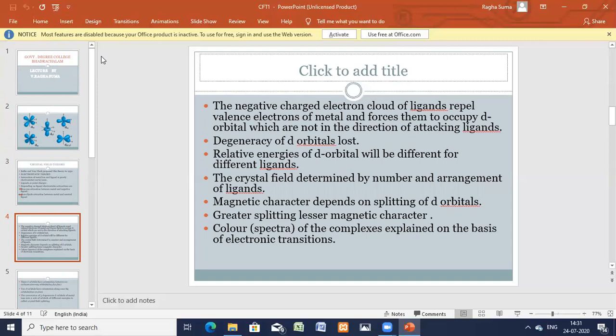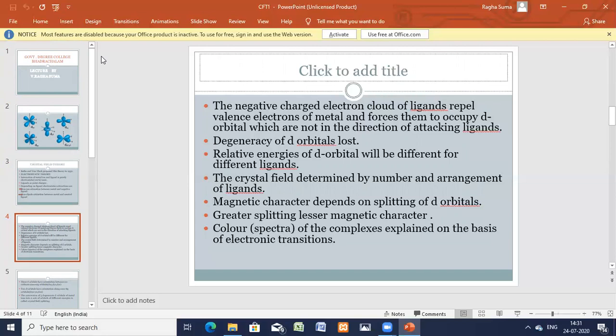Relative energies are different for different ligands, and crystal field is determined by the number and arrangement of the ligands. The crystal field will experience splitting depending upon the arrangement of the ligands around the central metal. Magnetic character depends upon the splitting of the d orbitals. More splitting, less magnetic. Less splitting, more magnetic character.